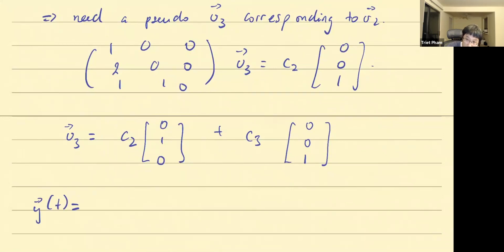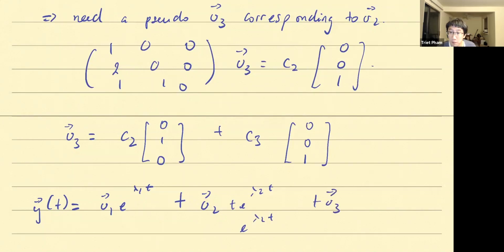So let me do this. It will be V1 e to the lambda 1t plus V2. So the question is, for the V2 here, is it t e to lambda 2t, or is it e to lambda 2t in the way we put it?